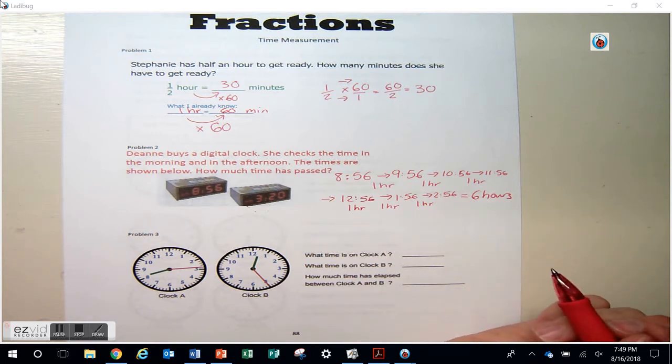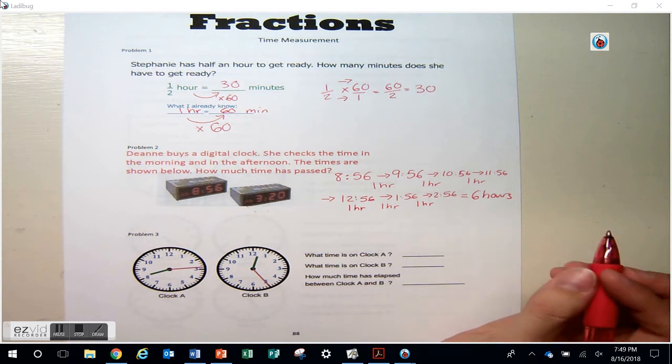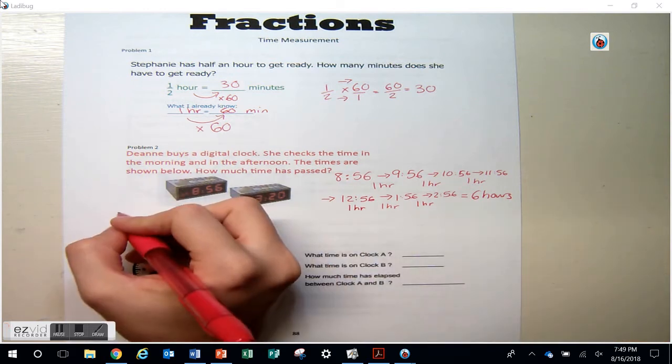to 3:20. Now, there are many different ways that you can do this.